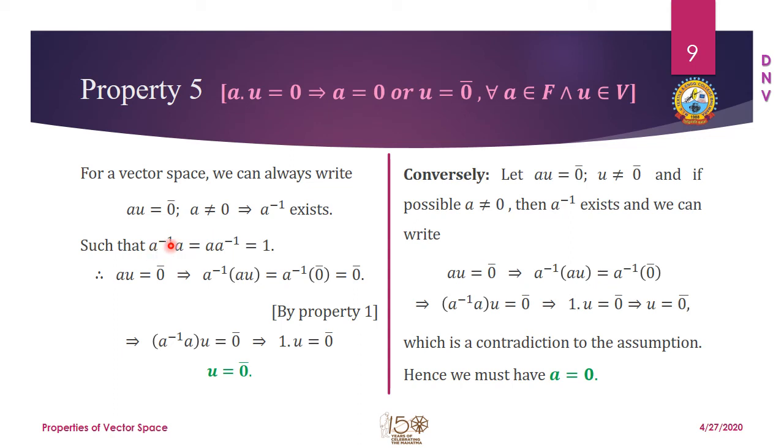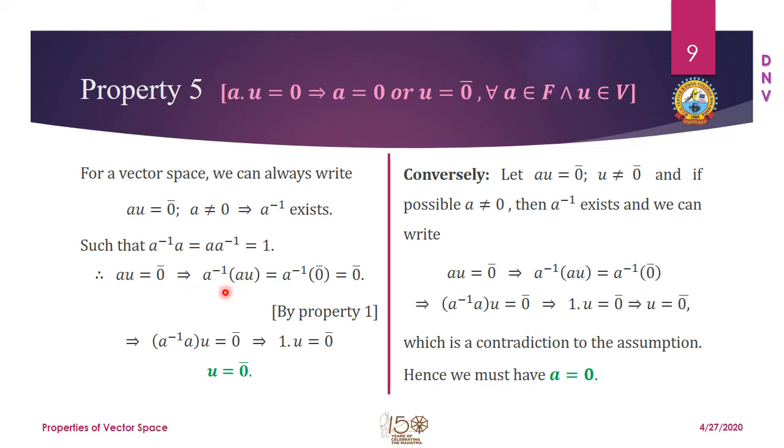So this is a inverse a, and a inverse a is equal to 1. This is the property of a field. If I use this property in this equation, au equal to the zero vector, I can write a inverse times (au) and a inverse times the zero vector. When we multiply the zero vector by any scalar, it is always the zero vector, which we have already proved in property number 1.